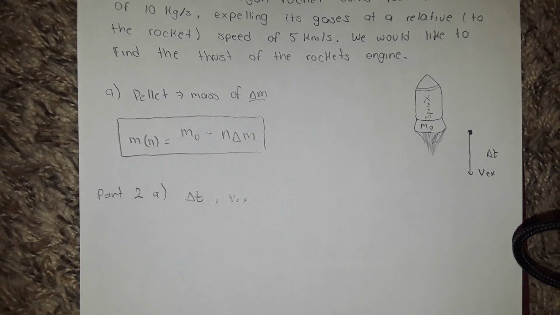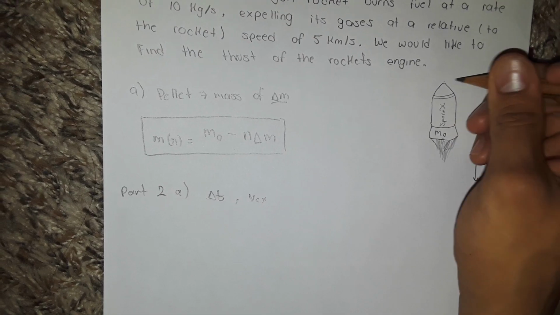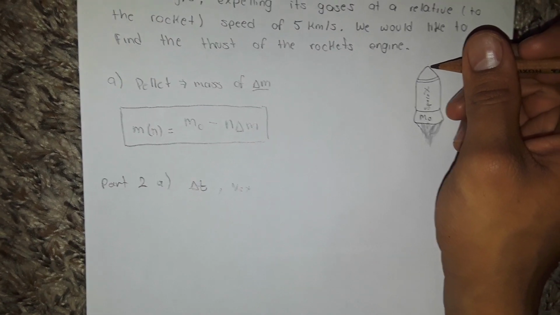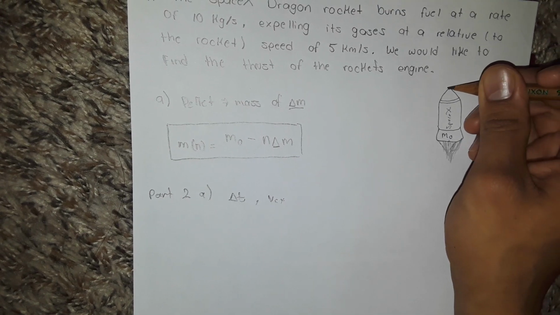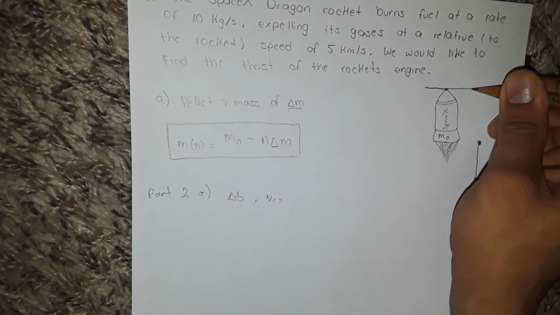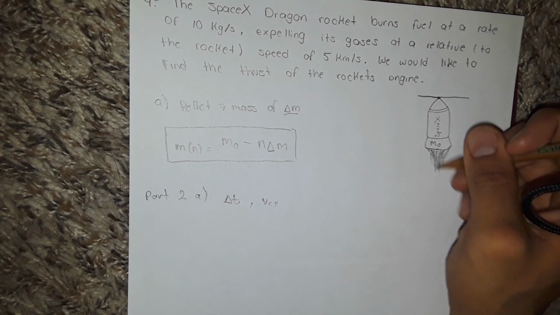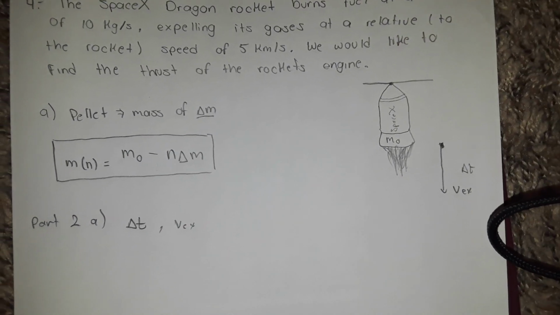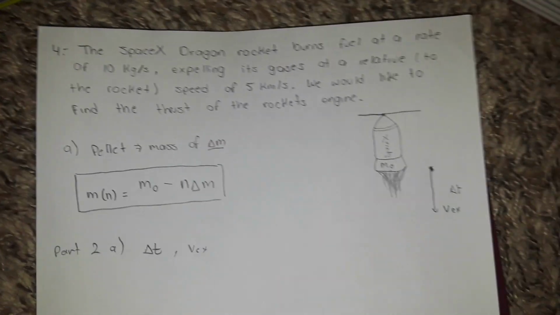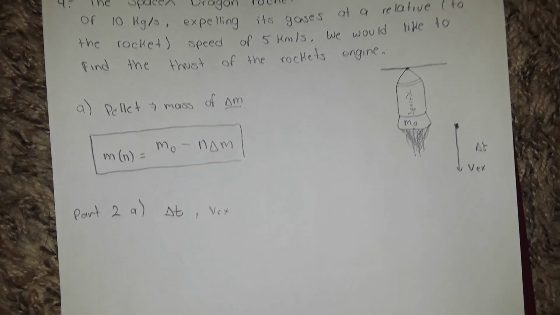Okay, so if the rocket is held in place, that means that it stays in the same position, so it doesn't recoil. We could just hold it right here, put an imaginary wall here, and it keeps burning fuel. It's trying to get out of that wall, but it's not allowed to because the wall might be very strong.